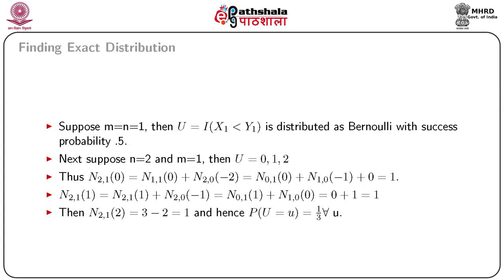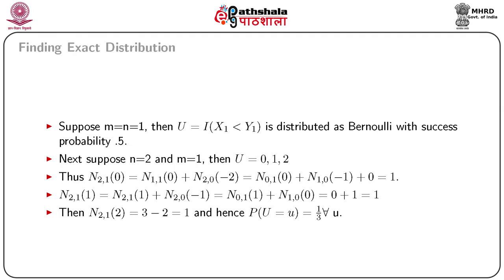Under the null hypothesis f equal to g, x1 less than y1 and x1 greater than y1 are equally likely. Therefore, the probability of x1 less than y1 is half under the null hypothesis, and hence u has a Bernoulli distribution with success probability 0.5 for m equal to n equal to 1.